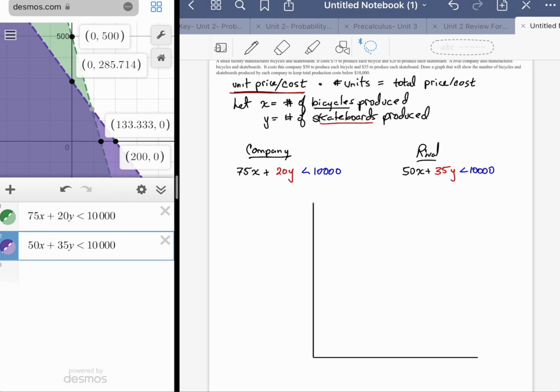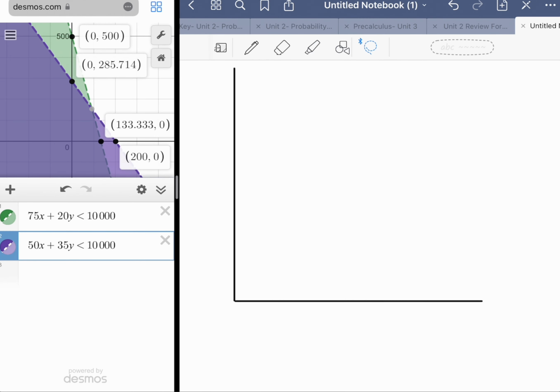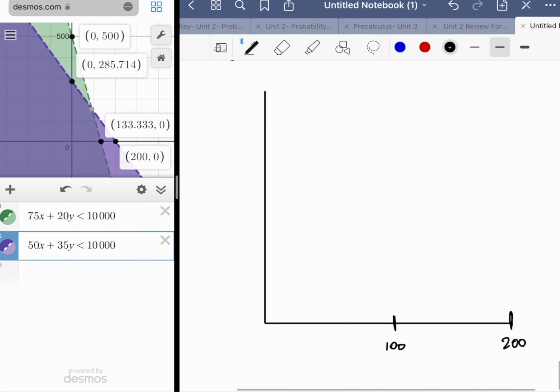This thing only goes out as far as 200 on the x-axis, so I'll go 200 over here, make this 100. It goes up as far as 500 here on the graph, so I'll put 500 here, and then I'll scale this. I'll make this 250. I'll just go by half units.